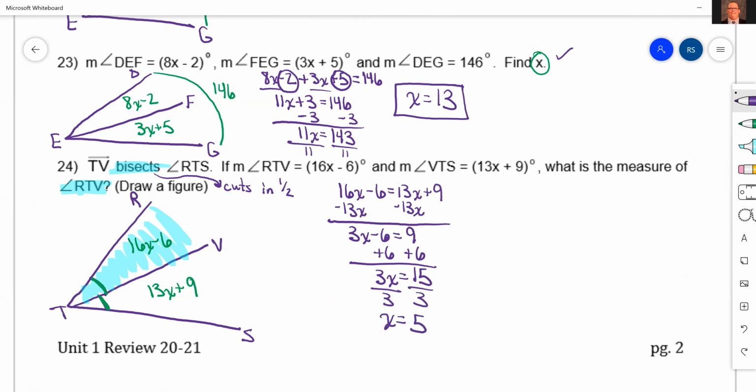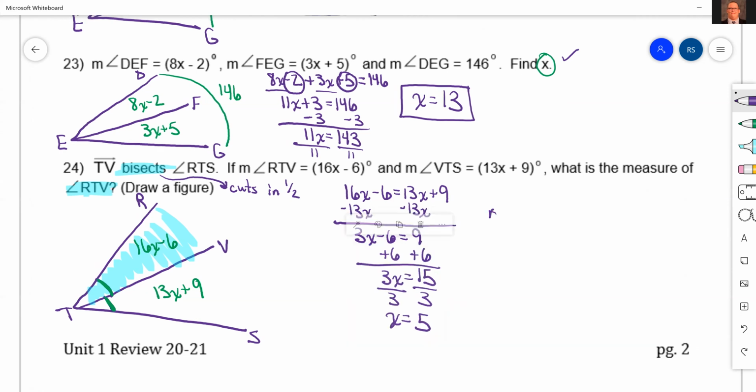Is that all they ask us to find? Just x? No. They ask us to find RTV. So I've got to plug it in. Oh, my voice kind of cracked there.